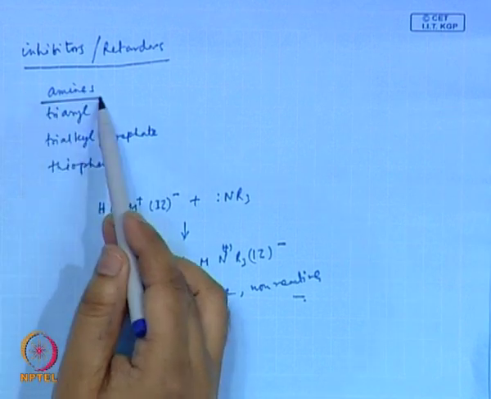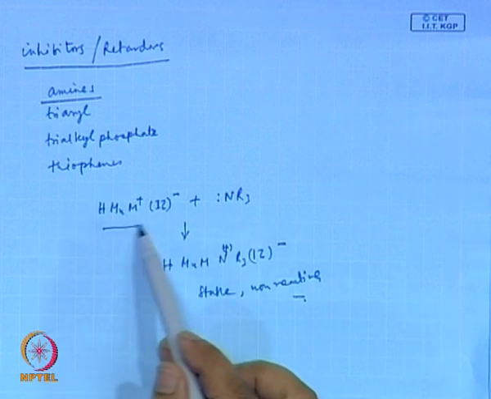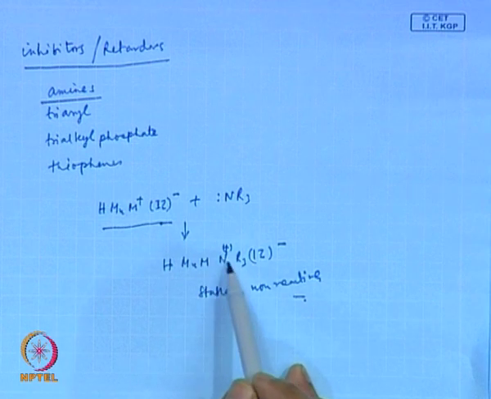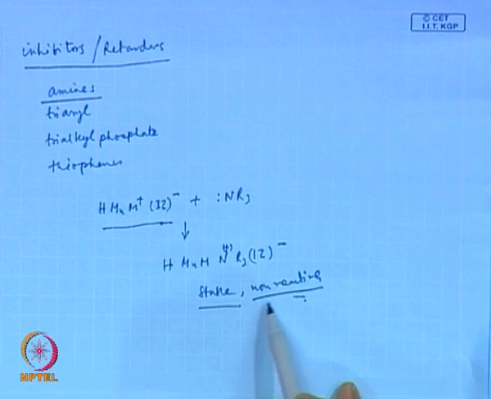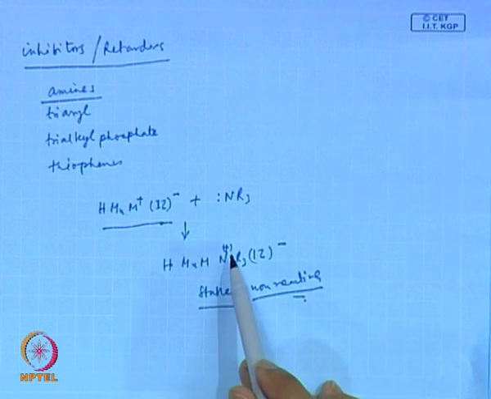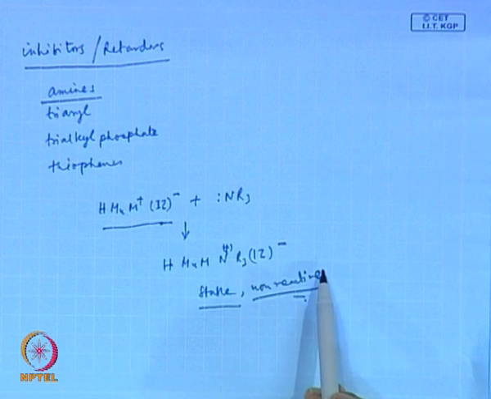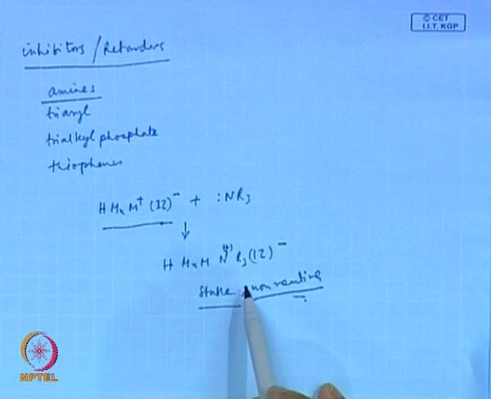If you take specific examples of amines, they can react with this propagating species and form a complex, such that this cationic species is very stable and non-reactive towards the monomer. So, once this is formed, it cannot reinitiate or take part in further propagation reactions, which means this chain gets inhibited by this type of reaction.